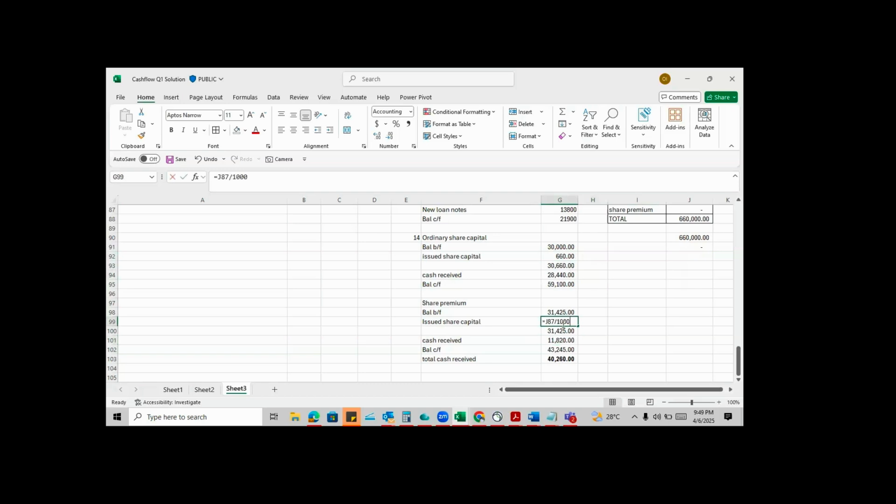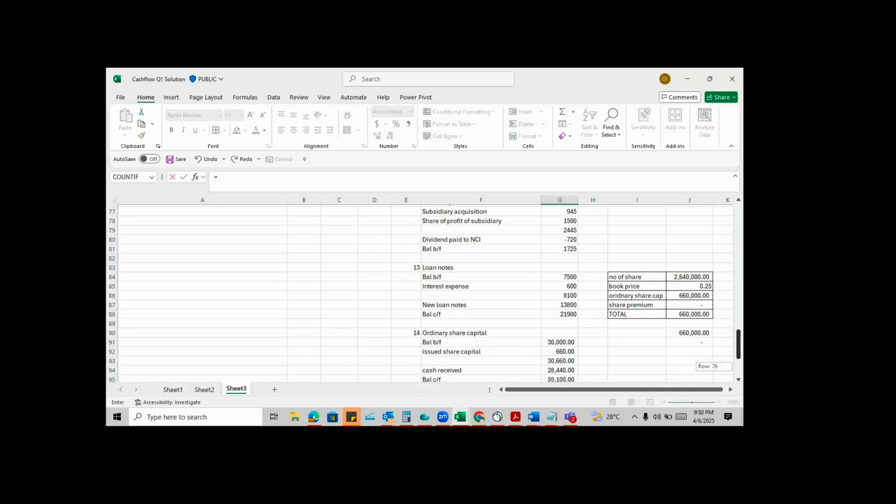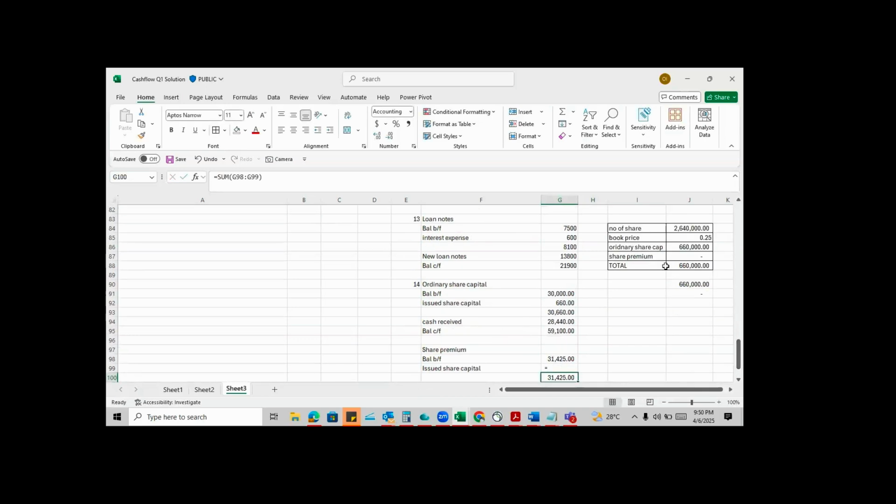Oh, they were linked all along. Okay, sorry. Total amount to receive must have been 412,500,000. Let me remove the formula there. So this one should have been this divided by this 1,000.